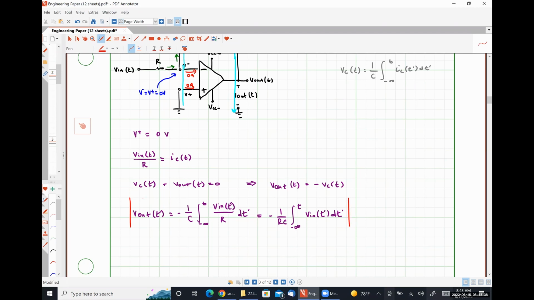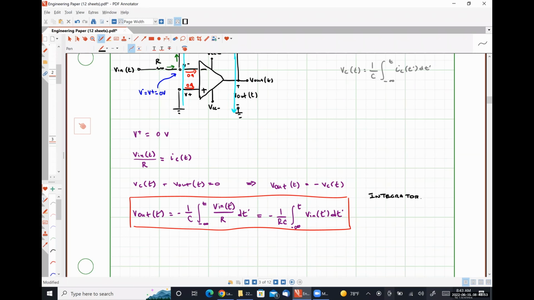So this is known as an integrator, or integrating amplifier. And it is a fundamental building block of multiple different aspects of electrical engineering. The integrator circuit is used in communication systems.